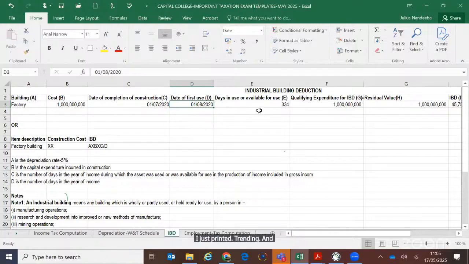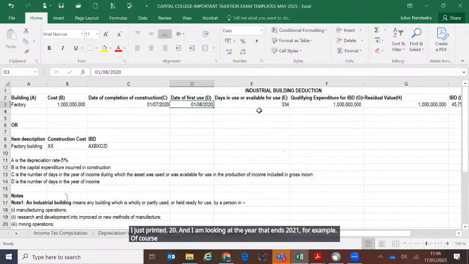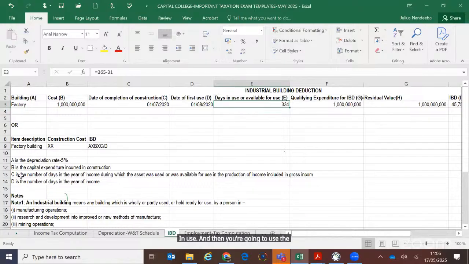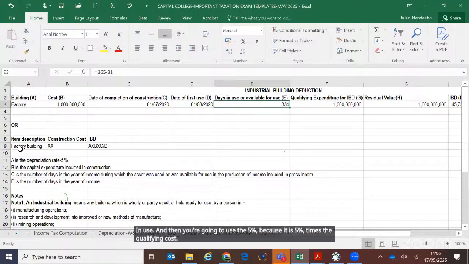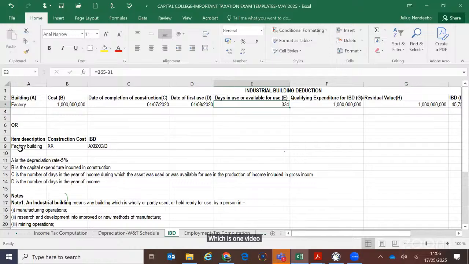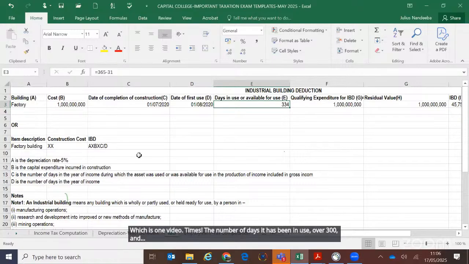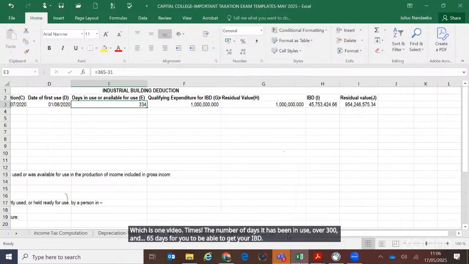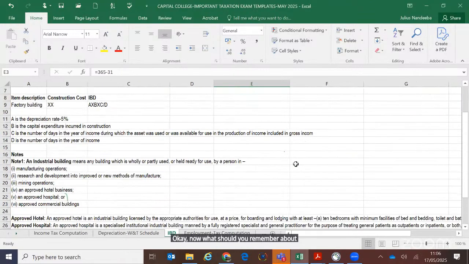And I am looking at the year that ends 2021, for example. Of course, now you're going to be talking about the current period. You must know the number of days it has been in use. And then you're going to use the 5% because it is 5% times the qualifying cost, which is 1 billion, times the number of days it has been in use, over 365 days for you to be able to get your IBD.